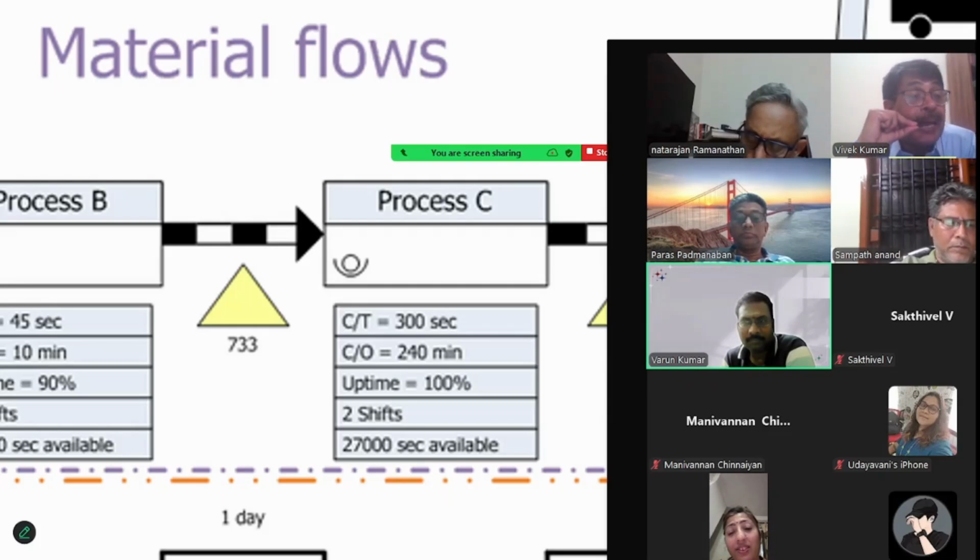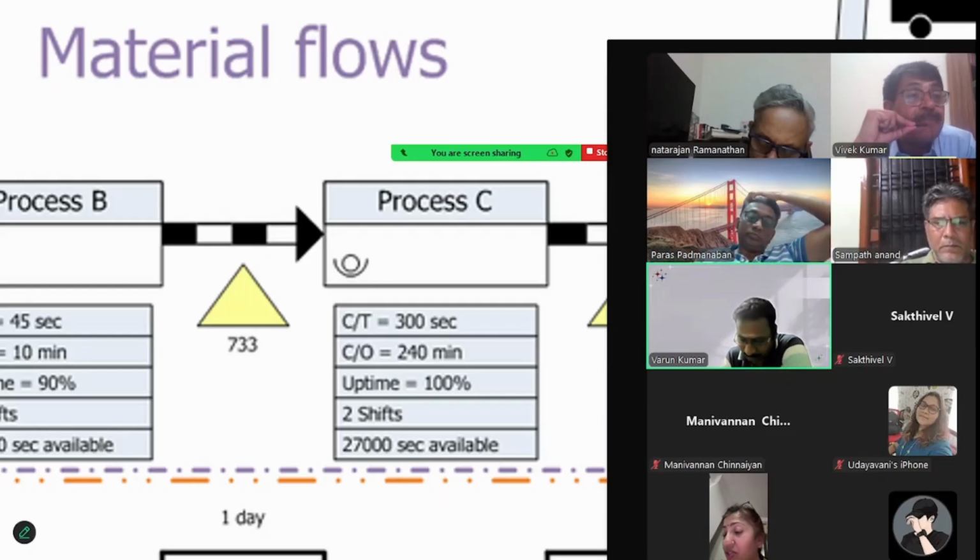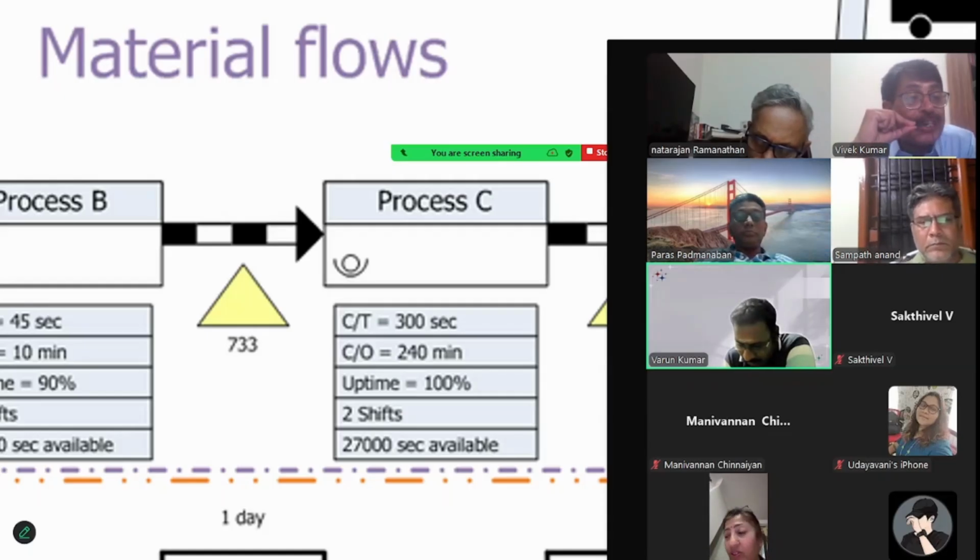Is the line balanced? Is it working to the tune of takt time? Is the flow established? And what exactly are the steps that we need to carry out for making improvements in every process stage? And that, my dear friends, is the beauty of the value stream map.